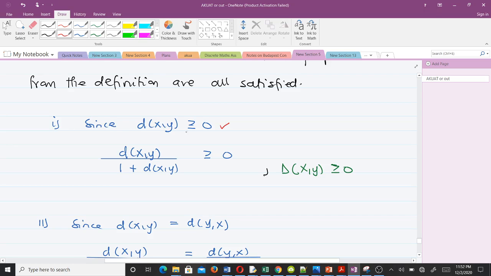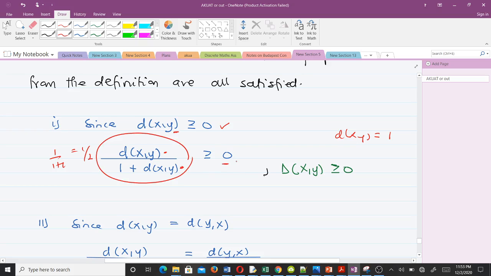Meaning, since we have something which is positive here, the distance between x and y, all over 1 plus the distance between x and y, will always also be greater than or equal to 0. For instance, if you have the distance between x and y to be, let's say, 1, you're going to get 1 over 1 plus 1, which will be half. As far as this is positive and this is positive, the whole of this will always give us something which will also be greater than or equal to 0.